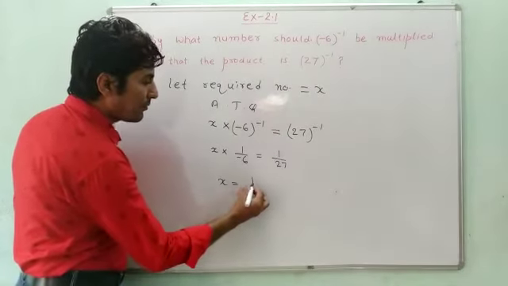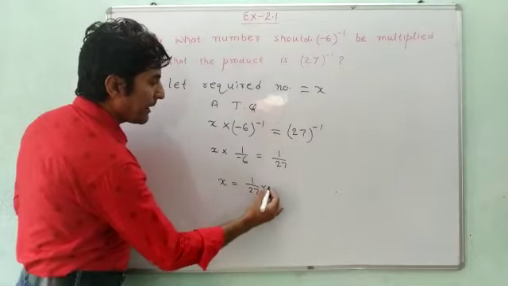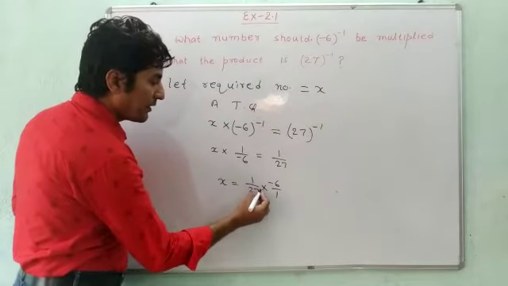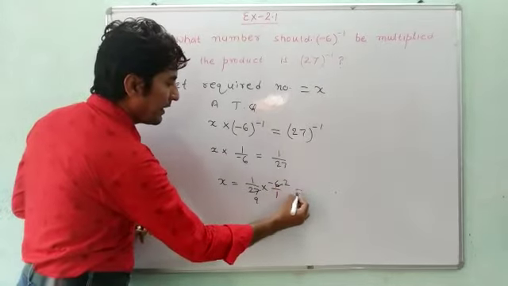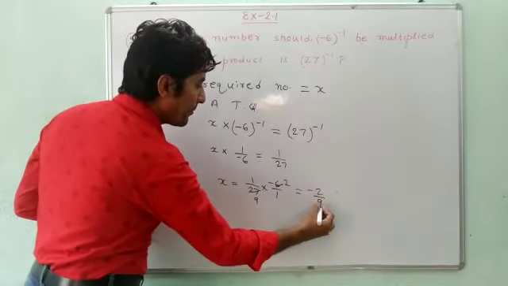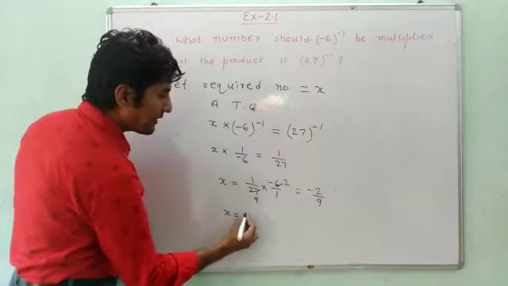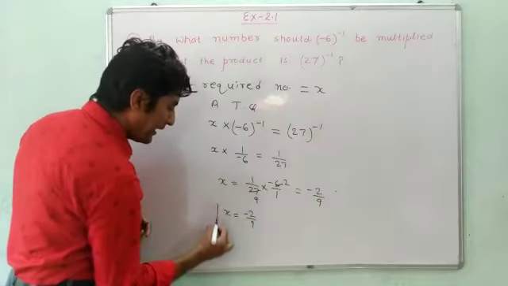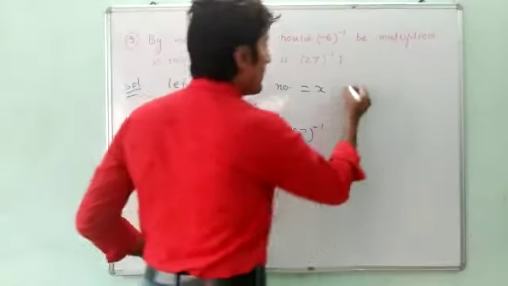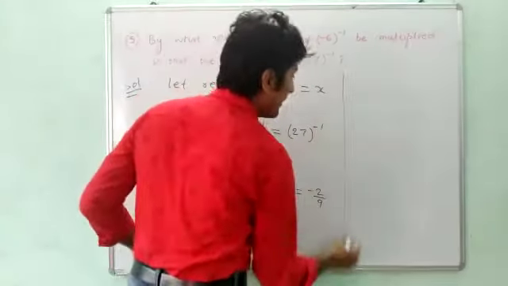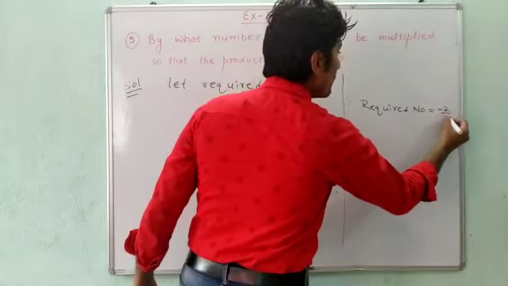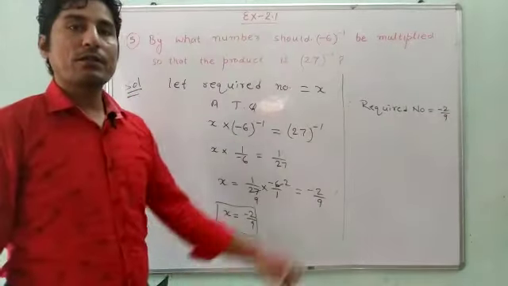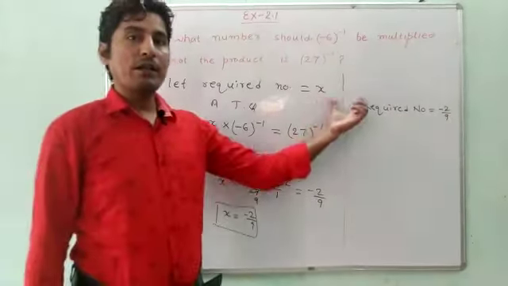So x will be equals to 1 upon 27 will be as it is multiplied by minus 6 upon 1. 3 9s are 27, 3 2s are 6, and finally we are having minus 2 upon 9. Since the value of x equals to minus 2 upon 9, hence the required number is equals to minus 2 by 9. So this is our required answer.